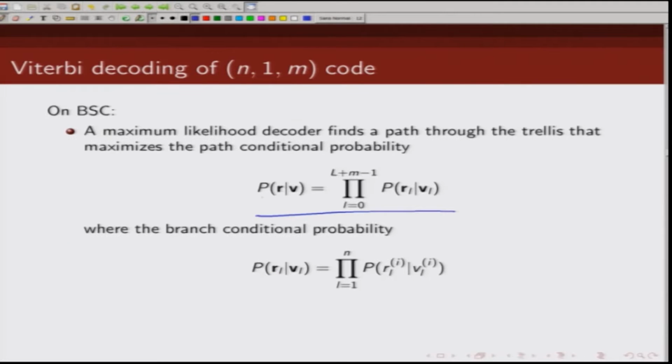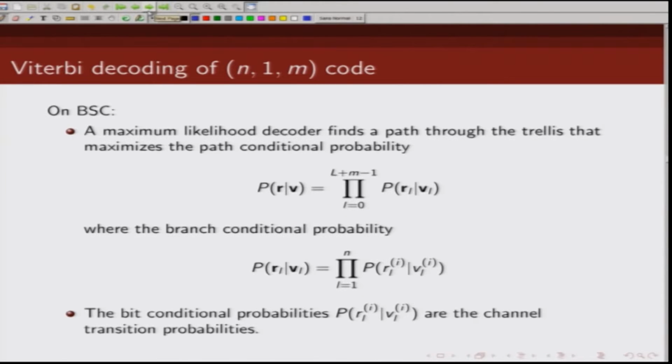Since it is a memoryless channel, we can write the probability of R given V in terms of the Ri's and Vi's, and this can be written in terms of the bit metric. These probabilities are nothing but the channel transition probabilities.